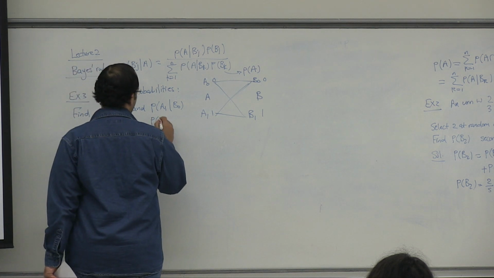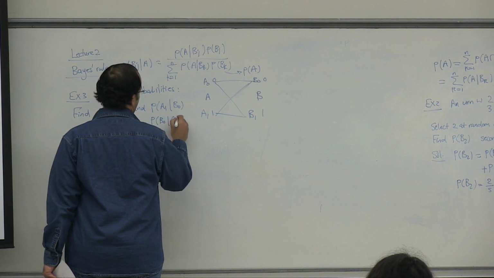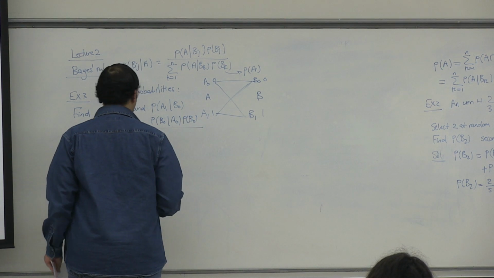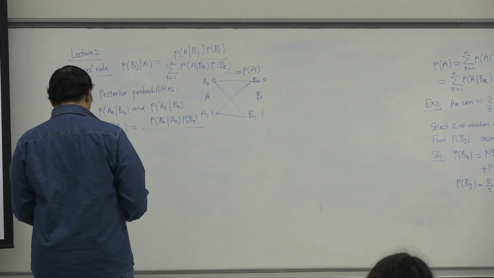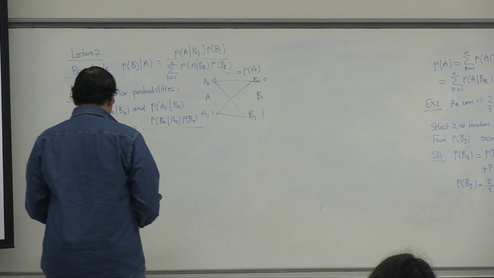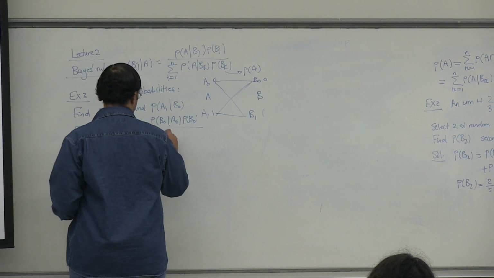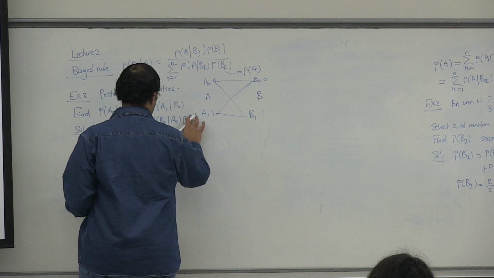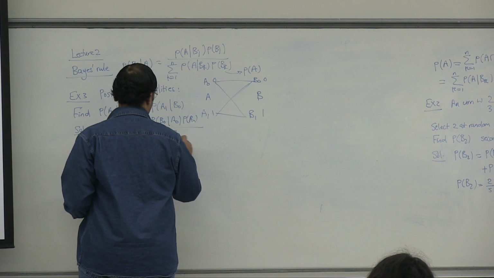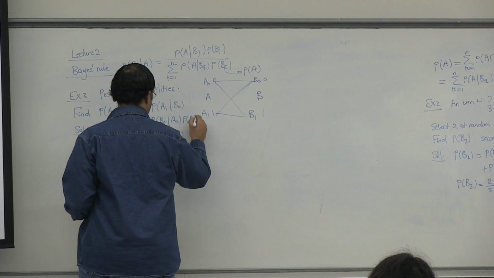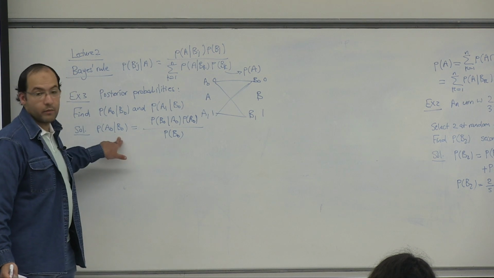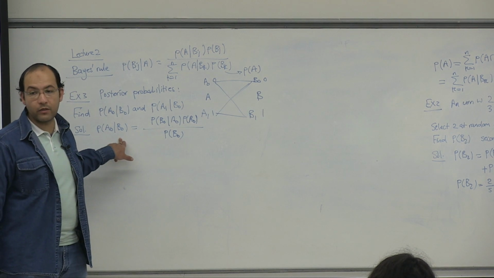It's going to be the probability of B0 conditioned on A0 times the probability of A0, over the probability of B0. Right? This one is the intersection and this one is B0. Basic conditional probability, and that's Bayes' rule.